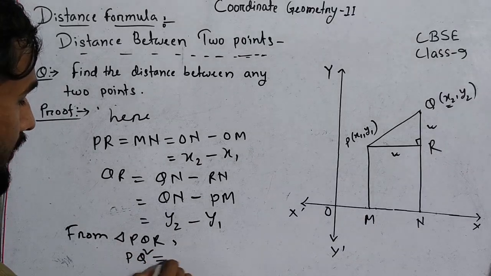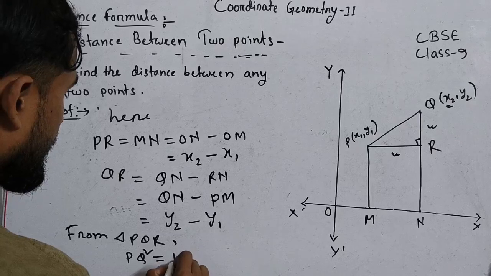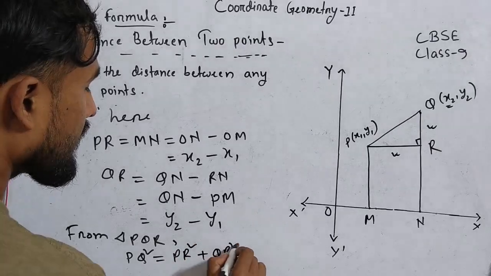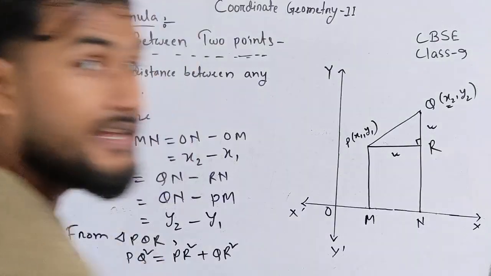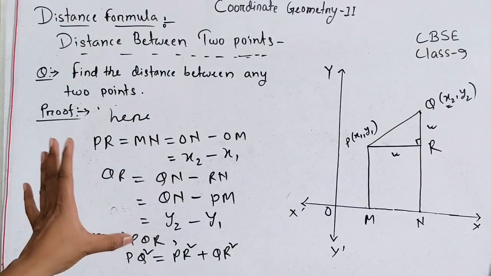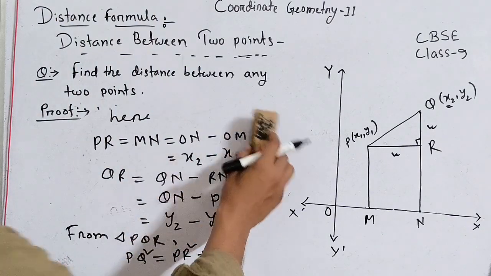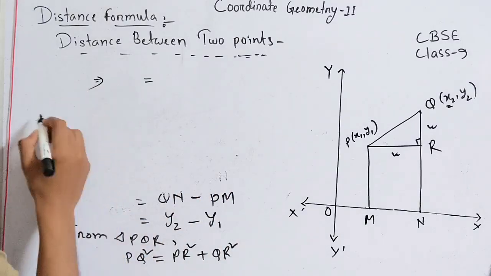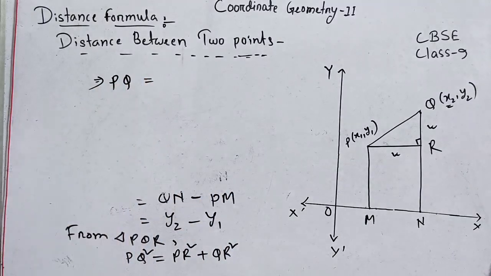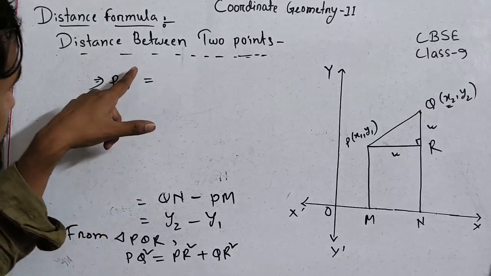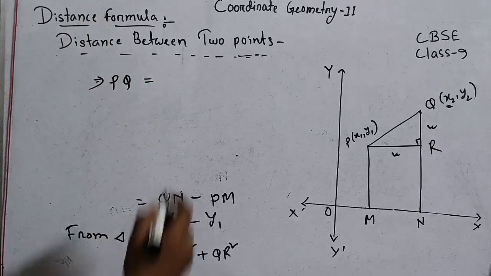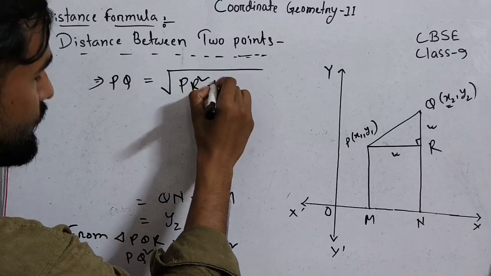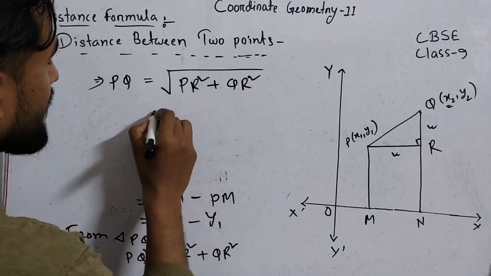PQ square equal to PR square plus QR square. Take a screenshot or pause and note it down. After that, PQ will be, when we remove the square, a square root on the right side: root over PR square plus QR square.